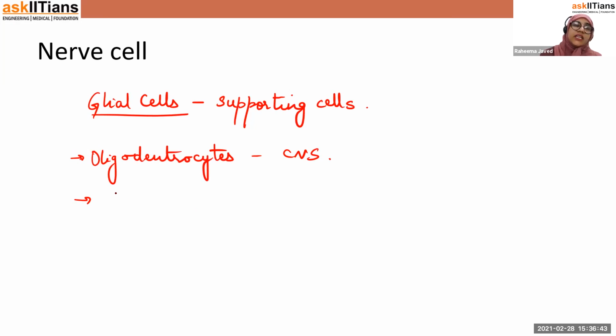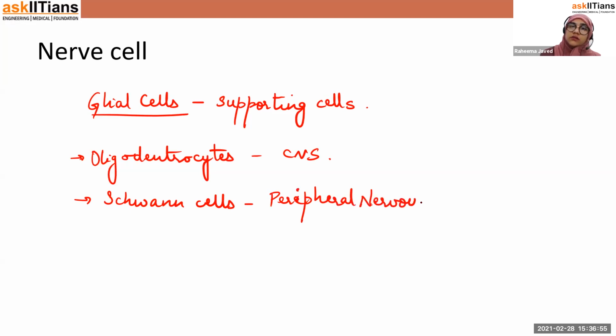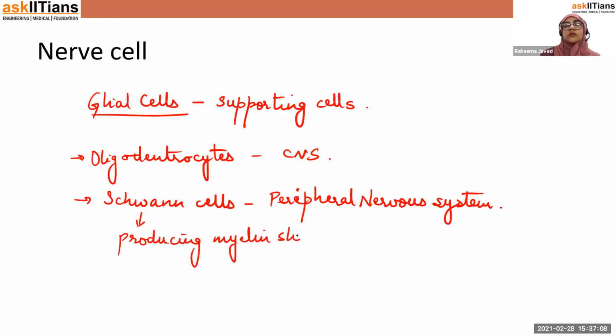These glial cells are known as Schwann cells. Schwann cells help in producing the myelin sheath around the axon.